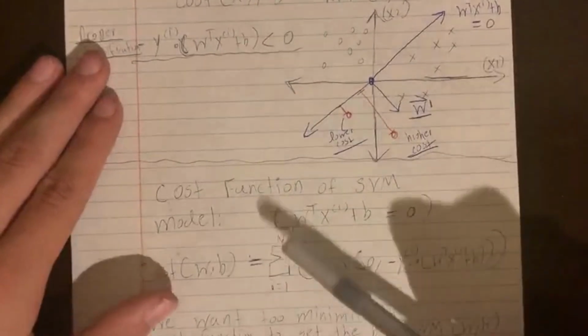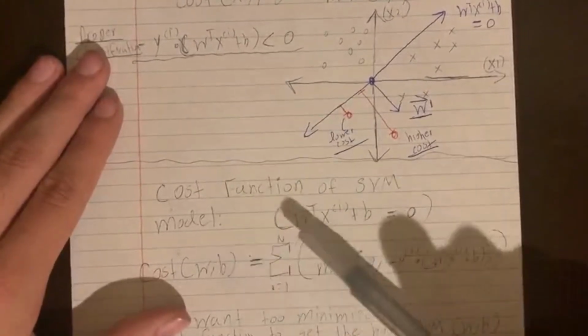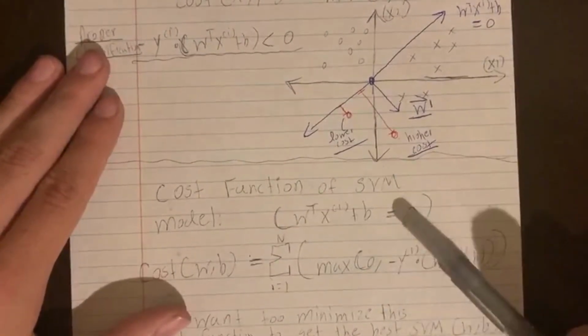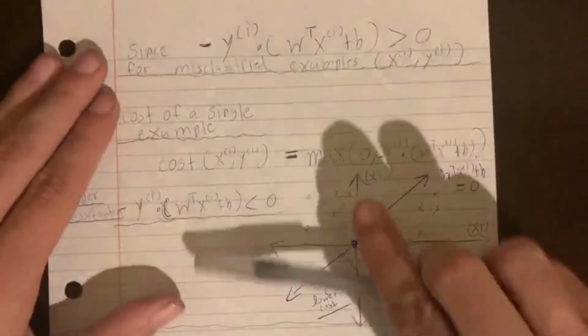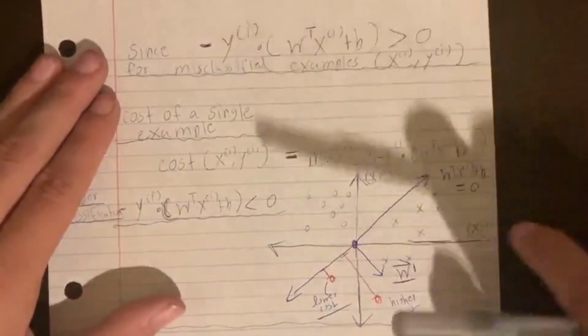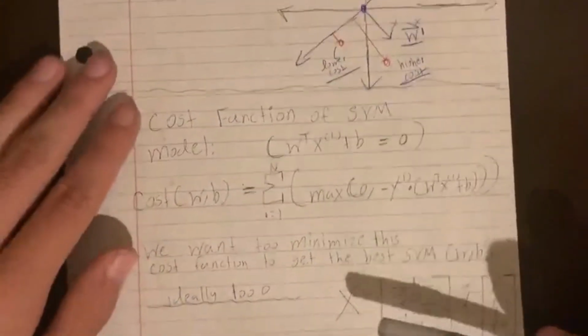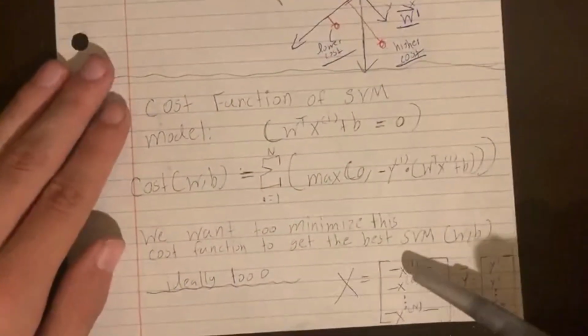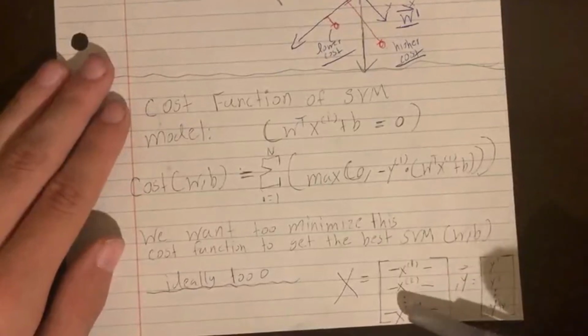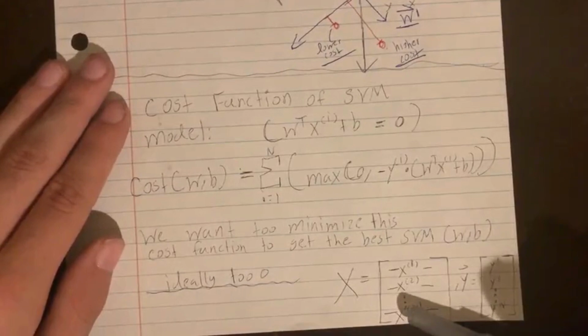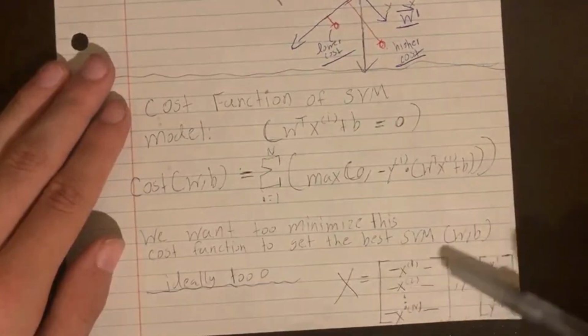All right, so the cost function of our SVM model, w transpose x plus b equals 0. We have the cost for a single example, x of i comma y of i, but we want the cost over all examples in our entire data set, where we have x1, x2, all the way to capital N examples. So we want to minimize the cost across all examples in our data set.